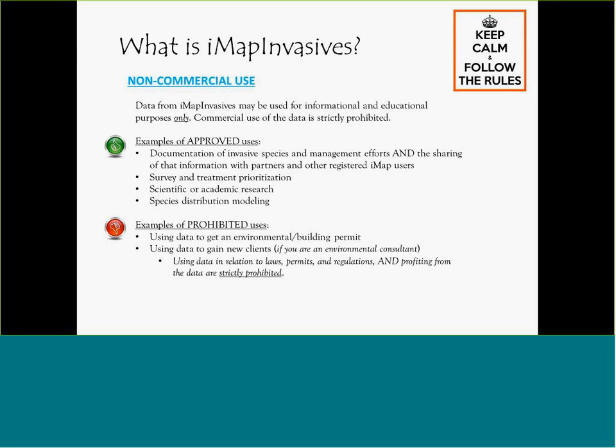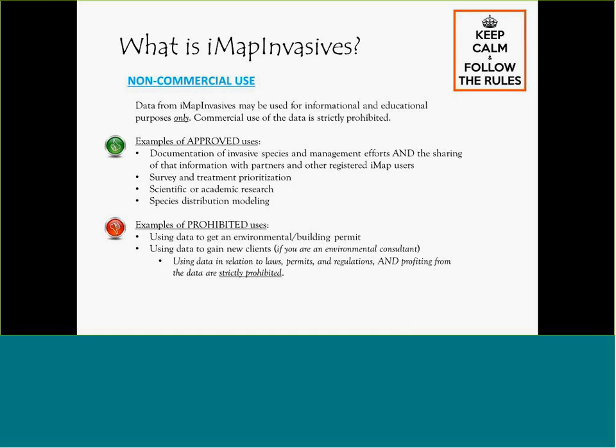We also have several people using iMap to do scientific or academic research, and we'll talk more about some of those specific examples as we go through the training today. And also some projects involving species distribution modeling, where you essentially use current location information and an understanding of a species' habitat to predict where you will find it in other places where it hasn't already been reported.